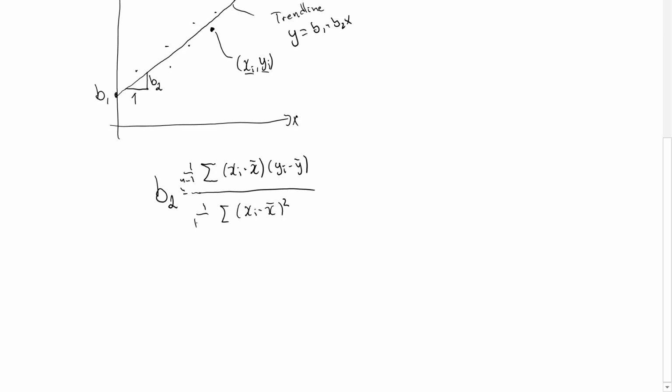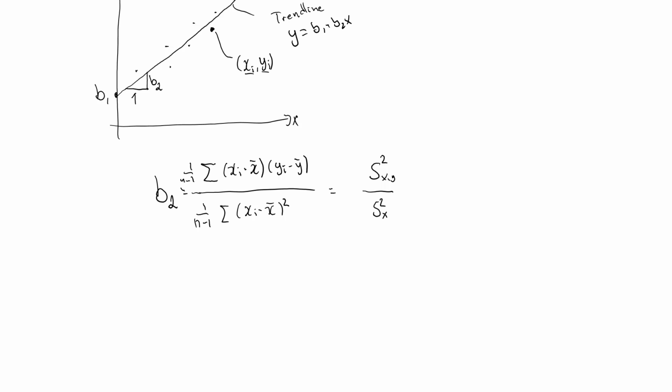So I can add 1 over n minus 1 over here and 1 over n minus 1 over here. That's not going to change the formula because I'm multiplying both sides by the same number. So now we recognize the formula for b2 simply as Sxy, the sample covariance between x and y, divided by the sample variance of x.